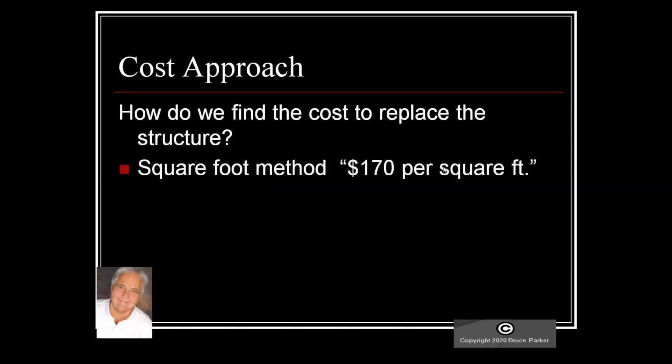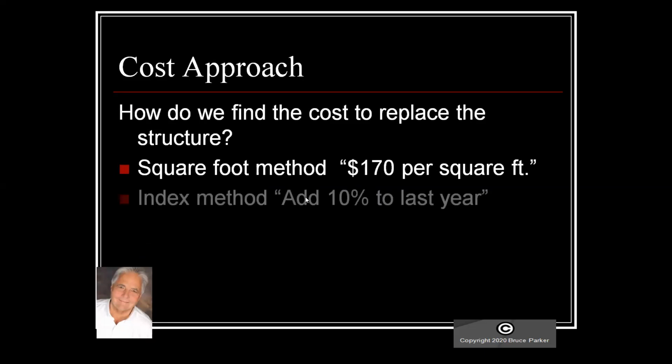We know it costs $170 a square foot to build a building that's not of high trim. So if the building is 3,000 square foot, we multiply 3,000 times $170, and we get how much it's going to cost. The next method is the index method. If we know that that building cost us $1 million to build last year, and now prices are up 10%, then it's going to be $1,100,000 this year.